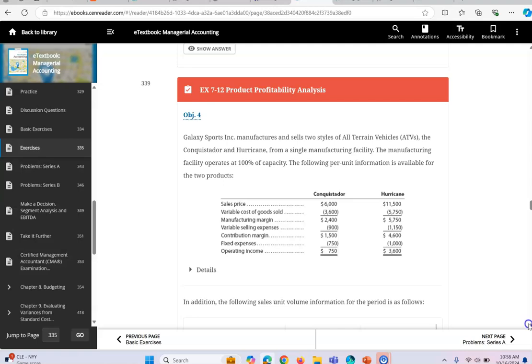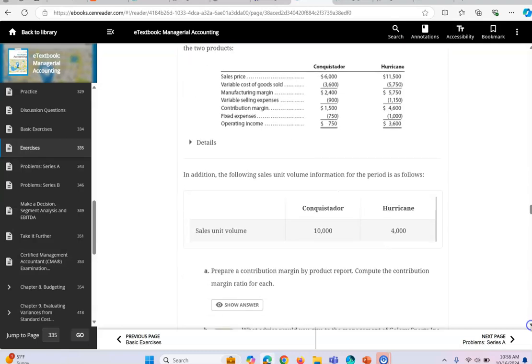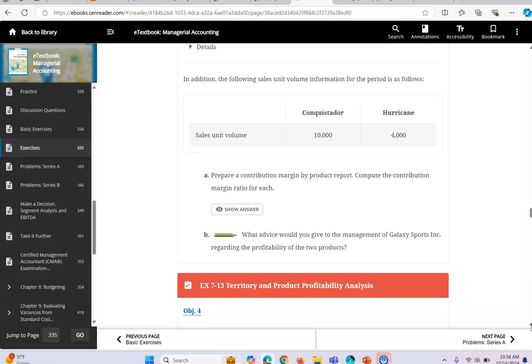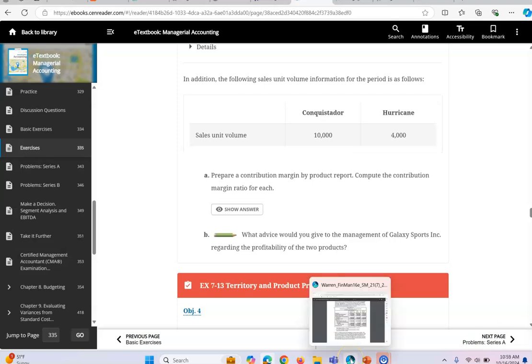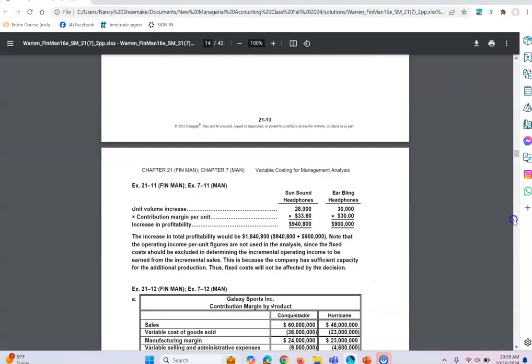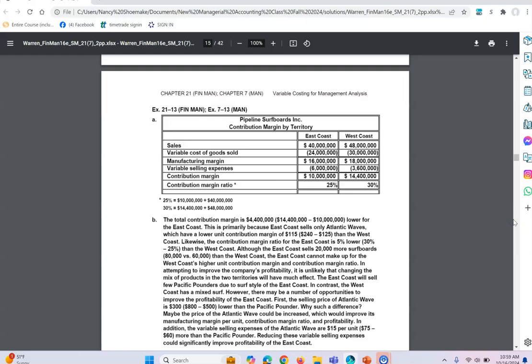In addition, the following sales unit volume information for the period is shown. Prepare a contribution margin by product report. Compute the contribution margin ratio for each, and what advice would you give? So, let's look here.